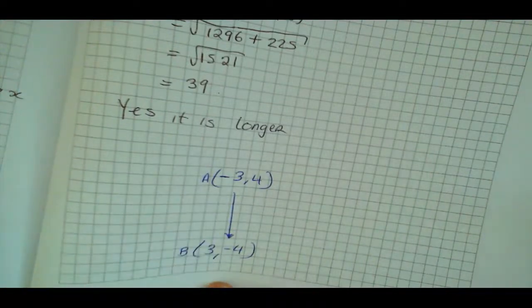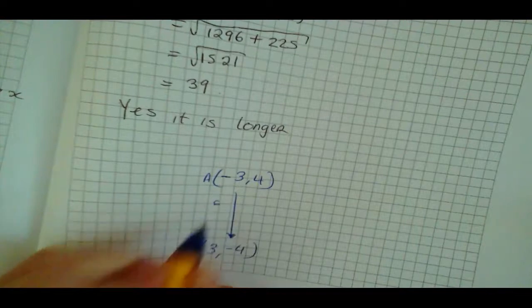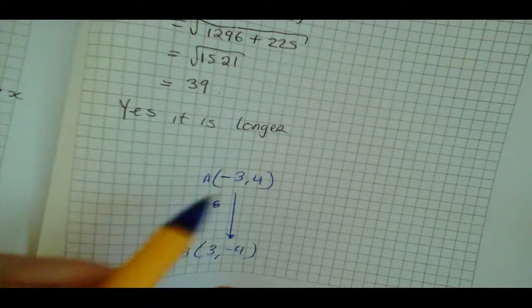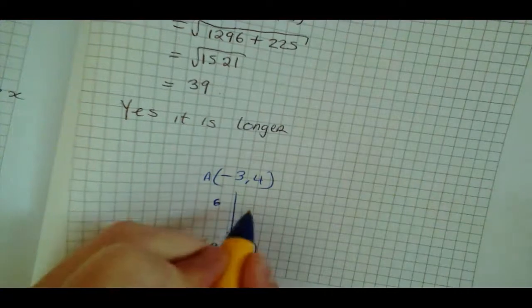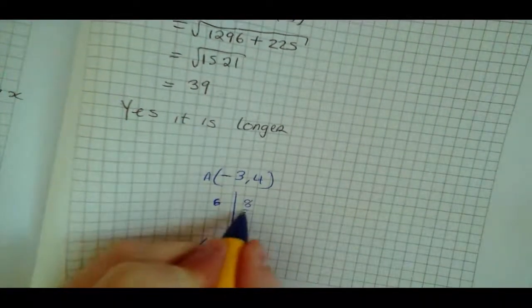So what we do here is how many units is it to go from minus 3 all the way up to 3? There's 6, okay? So there's 3 units to 0 and then another 3 up to 3. So 3 and 3 is 6. And again, to go from 4 all the way down to minus 4. So from 4 to 0, it's minus 4, and then there's another minus 4 to get to minus 4.